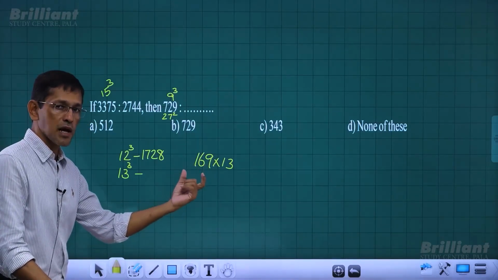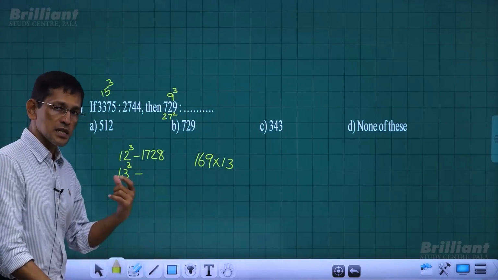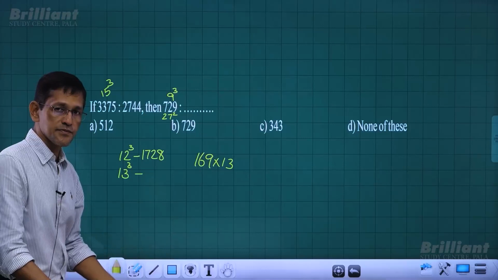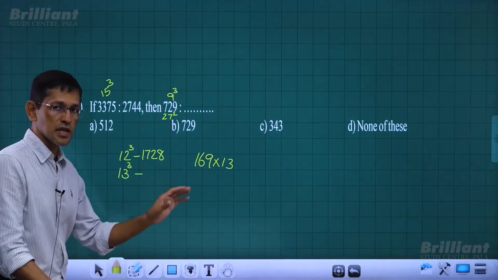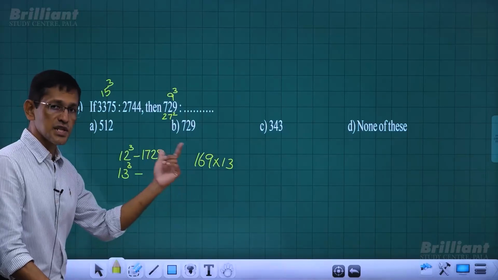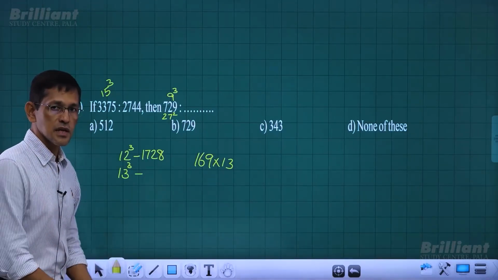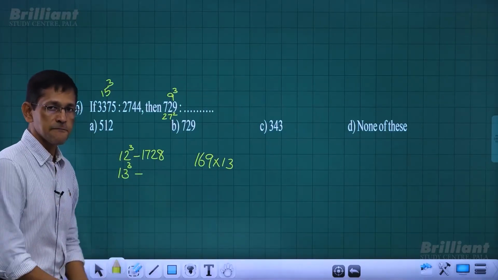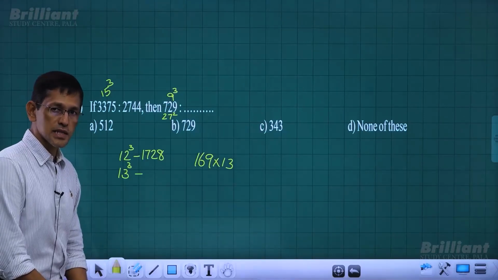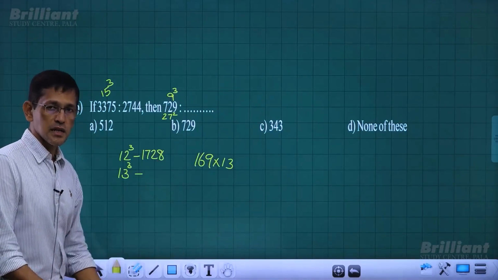The best way is to multiply 170 into 10 first: 1700. The balance is 170 into 3. 17 into 3 is 51, so 170 into 3 is 510. So 1700 plus 510 is 2210. So 170 into 13 is 2210.